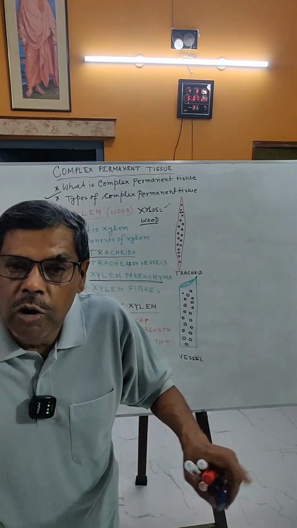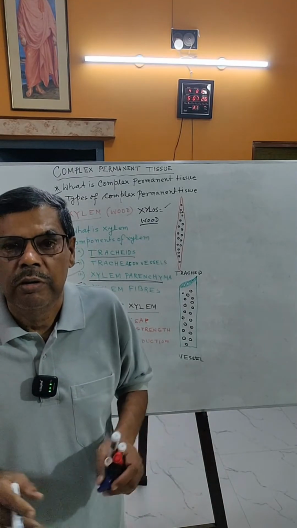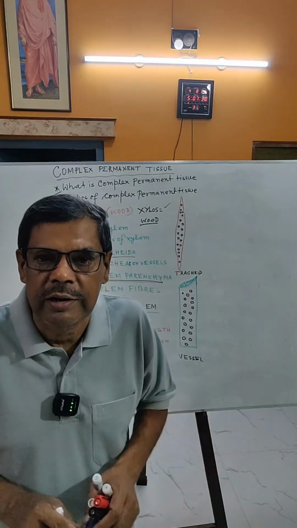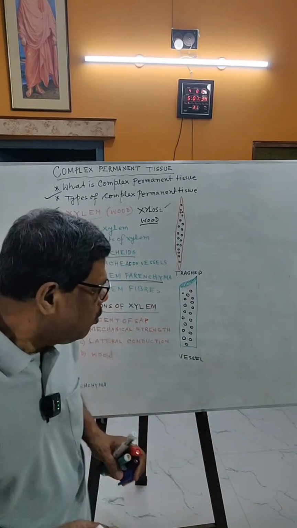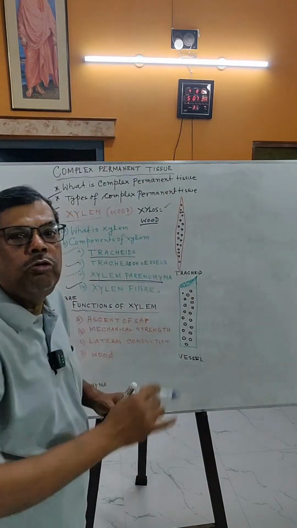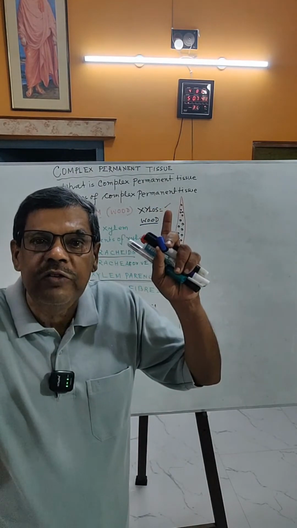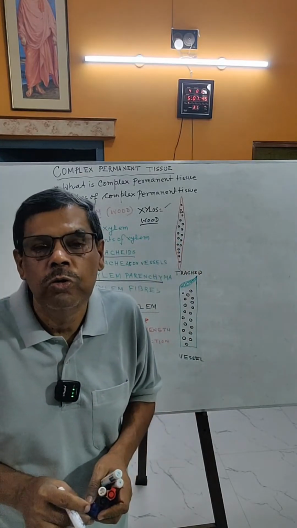The transverse walls are dissolved, or sometimes they may be present but perforated. Mainly they are dissolved. So, from the roots to the leaf, there is a long tubular structure continuously from root to leaf.